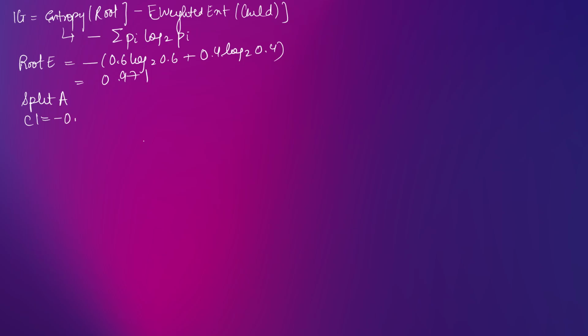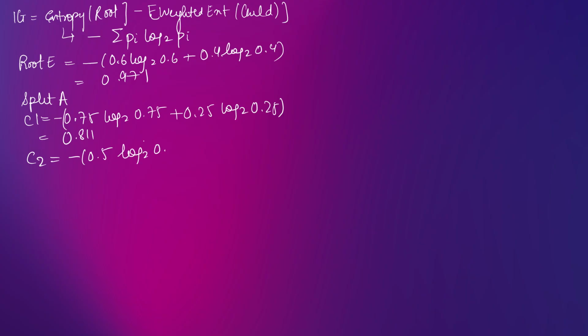For C1, minus (0.75 log2 0.75 plus 0.25 log2 0.25). You'll get it as 0.811. Then for child 2, similarly, apply the same formula: minus (0.5 log2 0.5 plus 0.5 log2 0.5). On solving, you'll get it as 1.